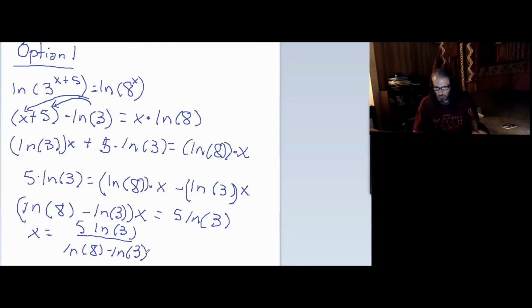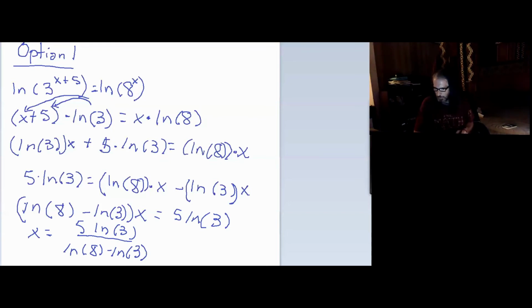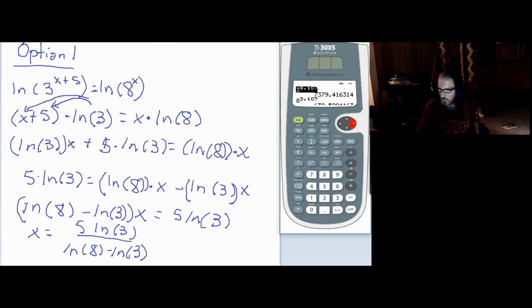So let's get that put into the calculator. In the denominator, we're going to have to be really careful again. We want it to know that entire natural log of 8 minus natural log of 3, that is the denominator. The multiplication in the numerator, that's all that's going on, so we don't have to worry about that as much.